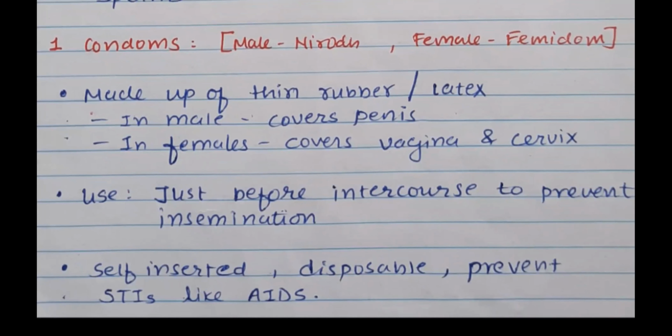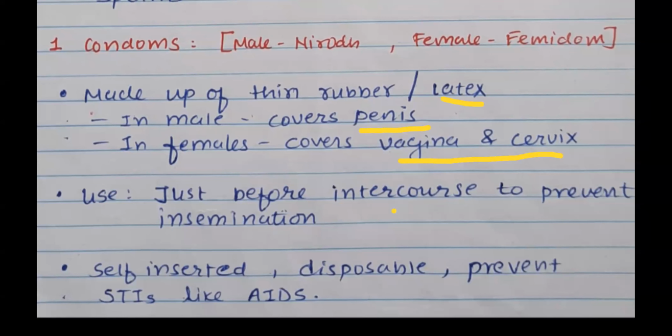Remember, for male Nirodh and for female Femidom. These condoms are made up of thin rubber or latex. In male, it covers the penis part, and in female, it covers the vagina and the cervix region.